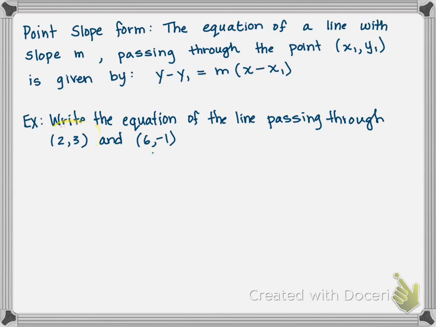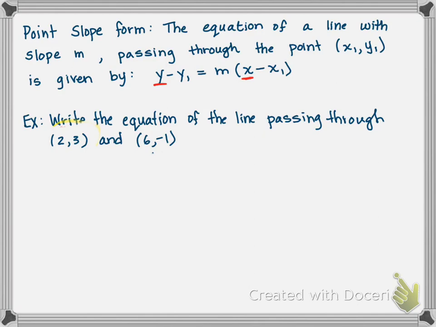So in a specific problem, we would have given you numbers for that. And then our slope is called m. When you write the equation of a line, it's got to have an x and a y in it as variables. So those ones will stay x and y. And then we will put numbers in for x1, y1, and m. And that's what's going to give us the equation of a line.